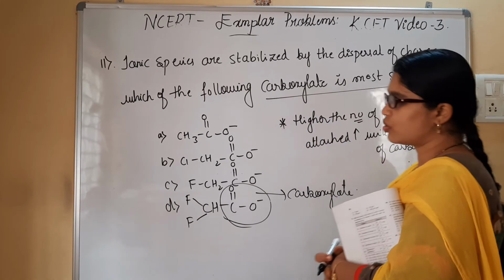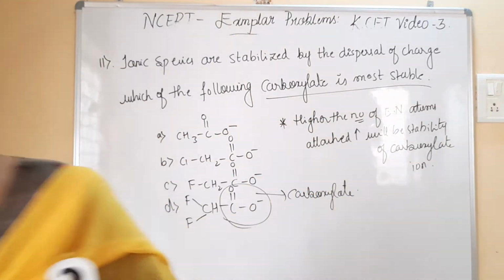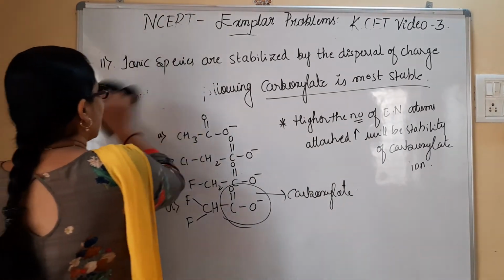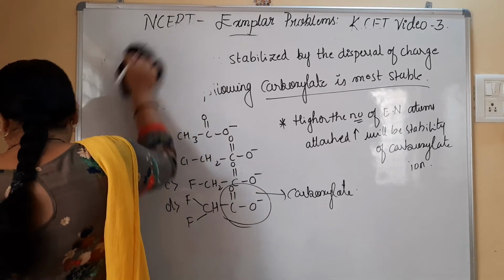I think you have understood this one. So like this you have to trace out the questions. So once we have done this one, we have the next question regarding an electrophile.